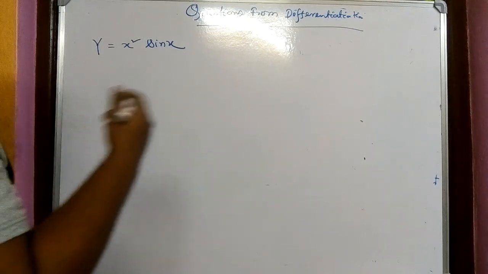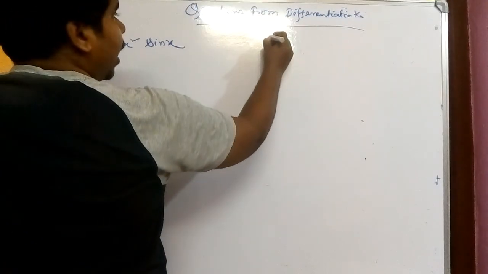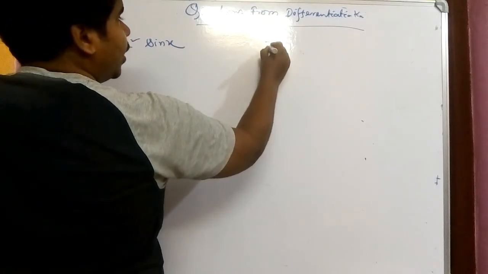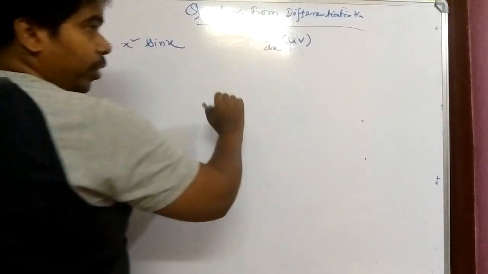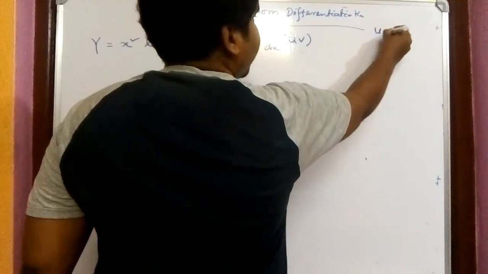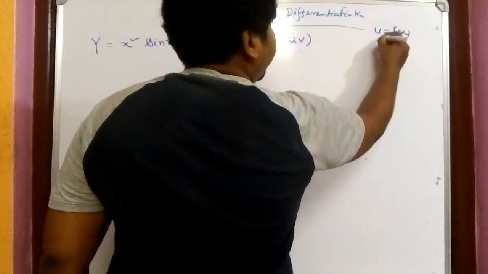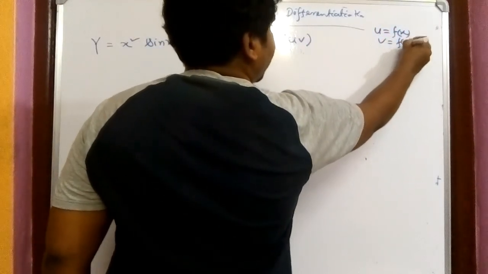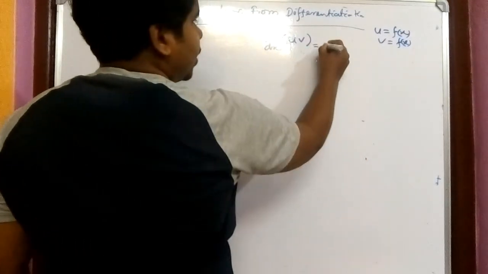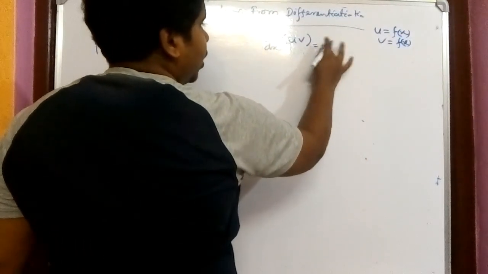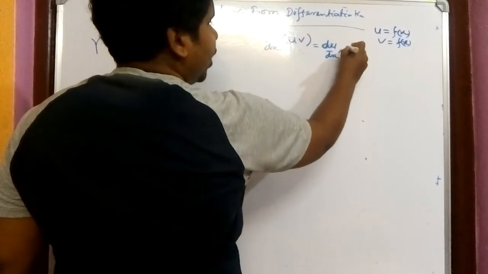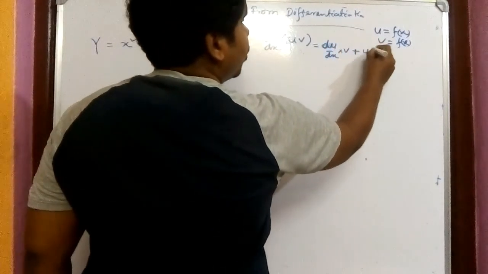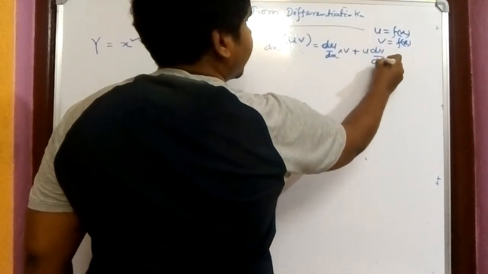We have already learned that if I want to find d dx of uv, where u is a function of x and v is also a function of x, then our equation is du by dx into v plus u into dv by dx.